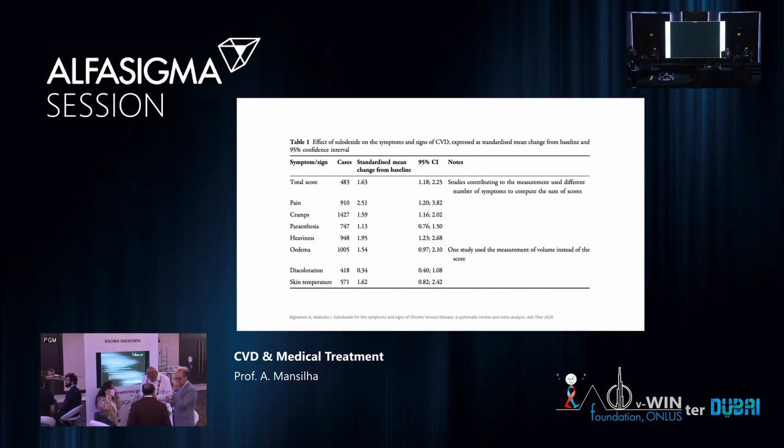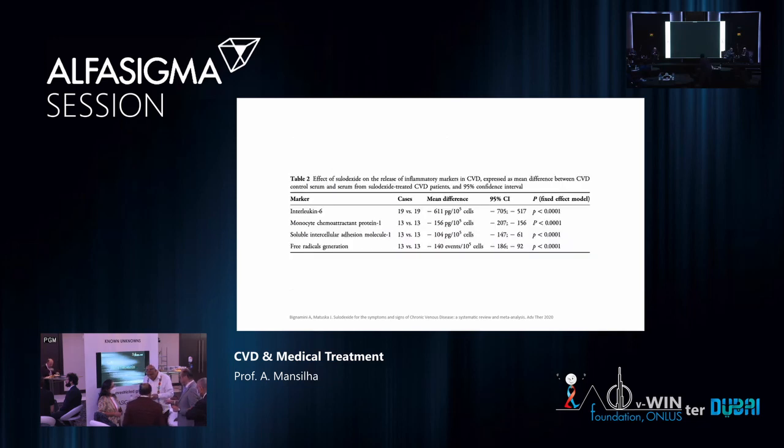Even more recently, it was published the first systematic review and meta-analysis of the use of sulodexide for chronic venous disease, including in this table the effect on the symptoms and signs like pain, cramps, paresthesia, heaviness, edema, discoloration, or skin temperature.